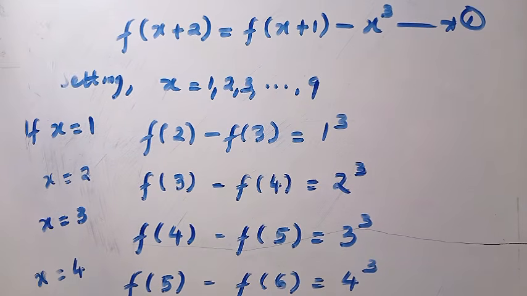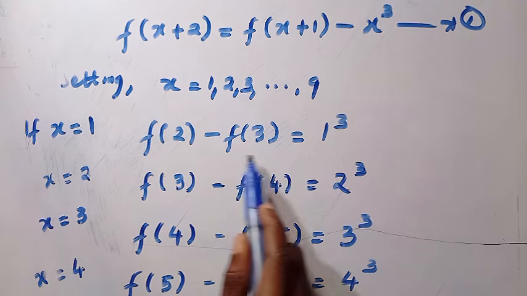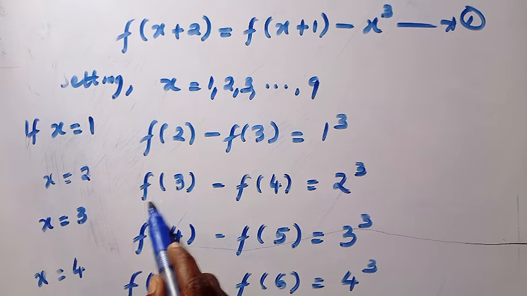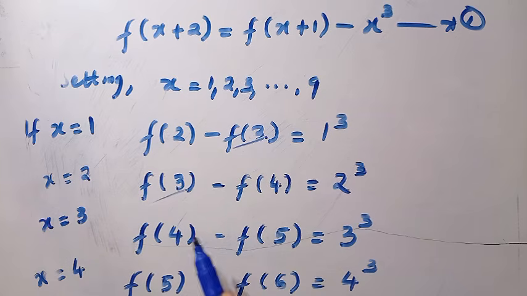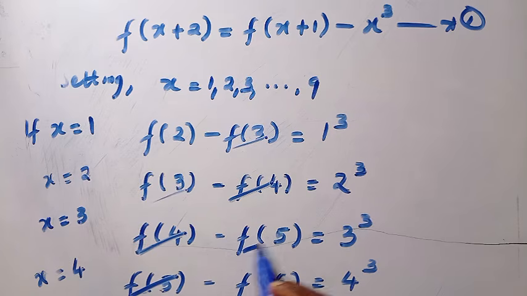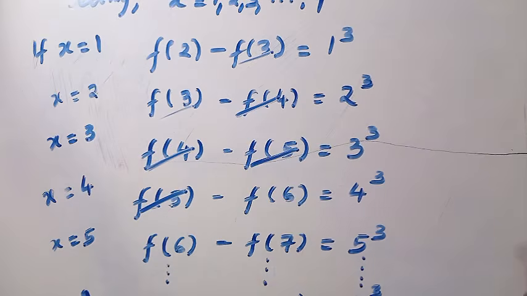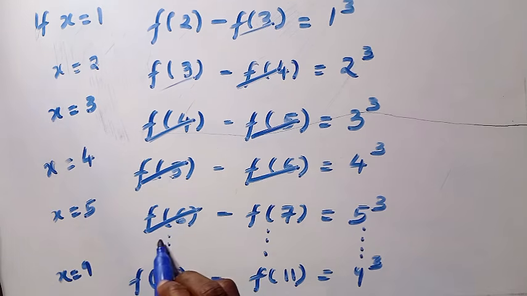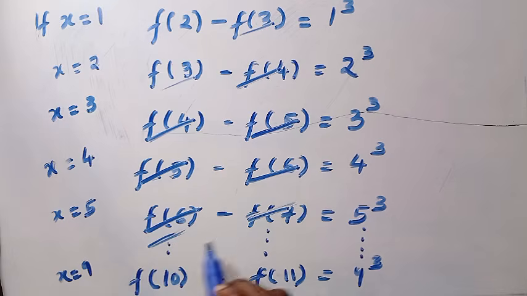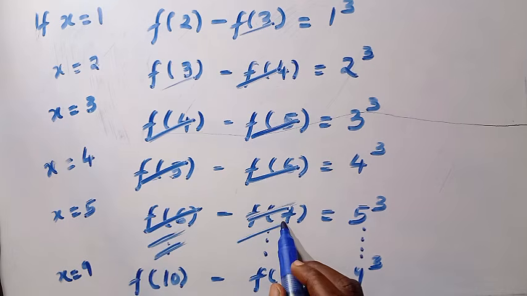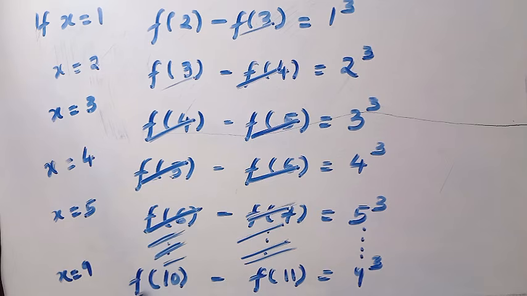By adding all of this together, we see that there are some terms that have already cancelled each other. This is f(3) and this is f(3); both of them cancelled. f(4) cancelled f(4). f(5) cancelled f(5). f(6) cancelled f(6). And f(7) is here; it cancelled f(7). f(8) cancelled f(8), f(9) cancelled f(9), and even f(10) cancelled f(10).